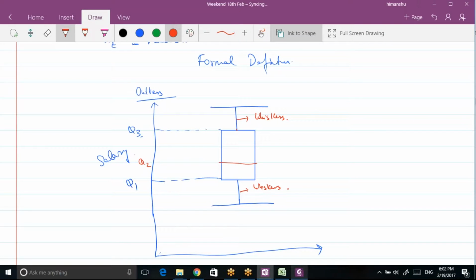The usual length of a whisker is 1.5 IQR. So this bar becomes Q3 plus 1.5 IQR, and this becomes Q1 minus 1.5 IQR. And if we have some outliers, we put them like this. Clear? So it helps us identify outliers very easily.